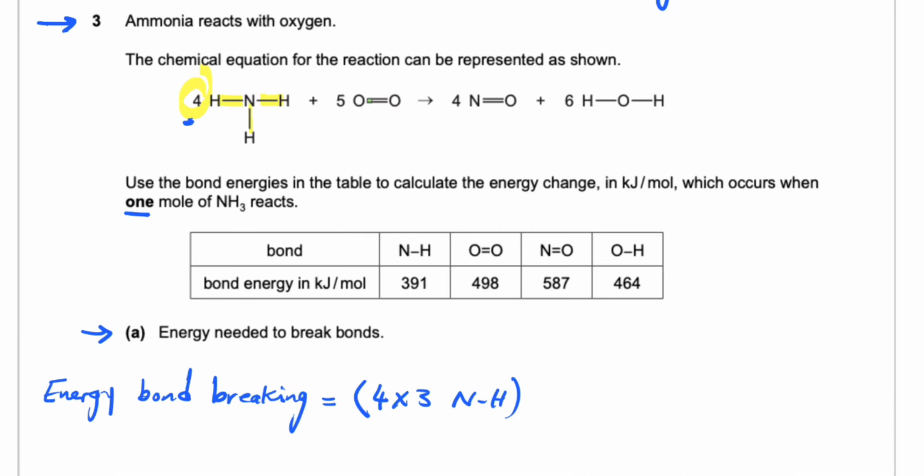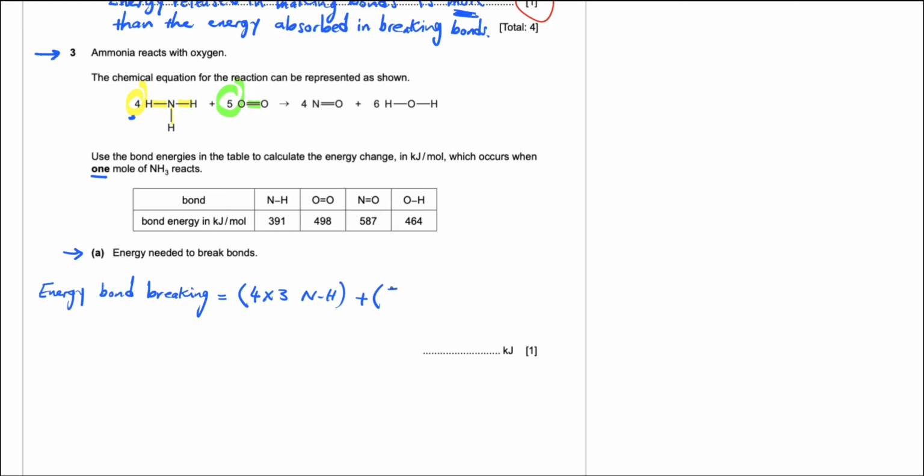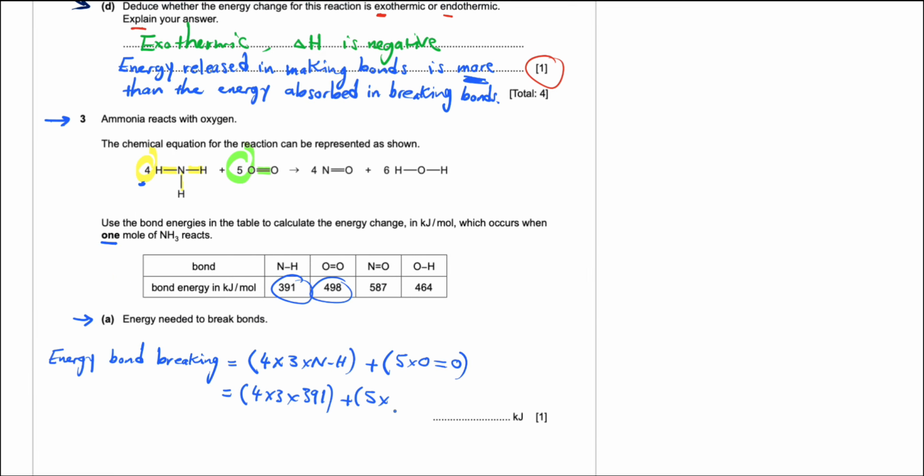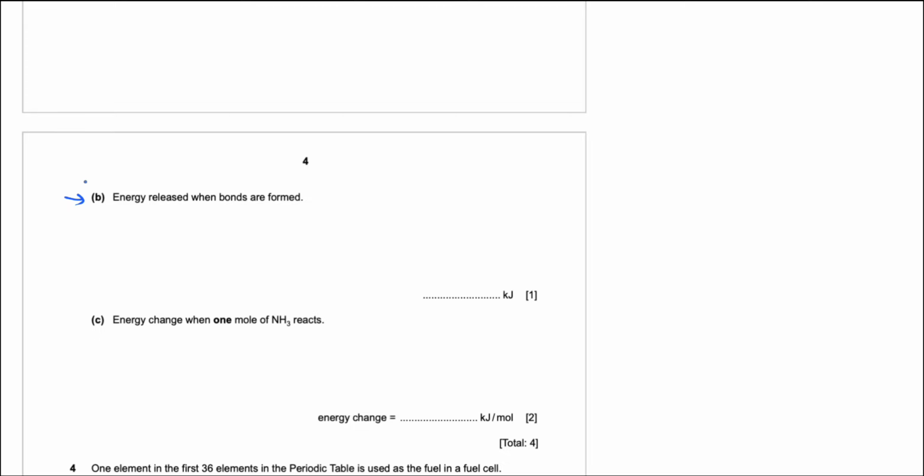Also, we have the double bond between oxygen and oxygen, and that's repeated 5 times. So it's 4 times 3 times 391 plus 5 times 498. And that gives us 7,128 kilojoules.